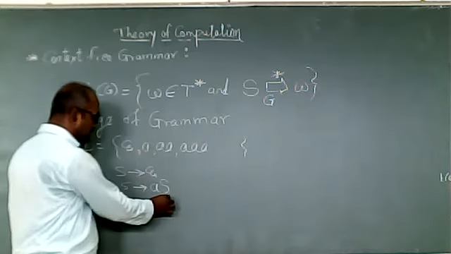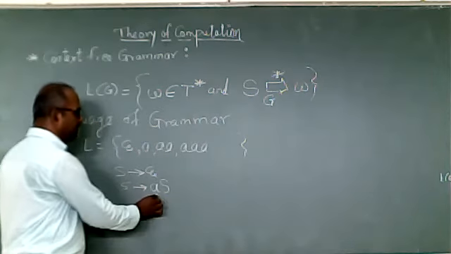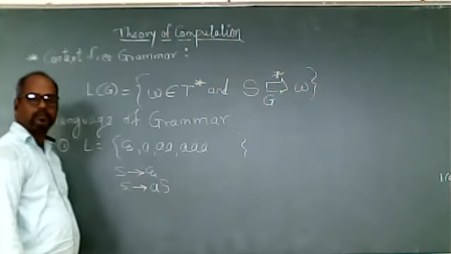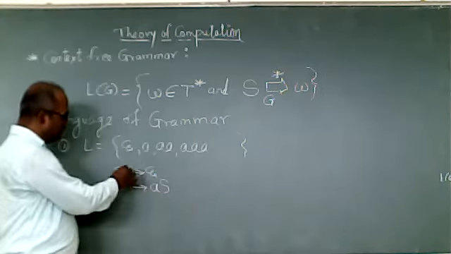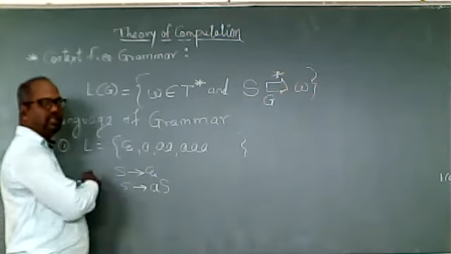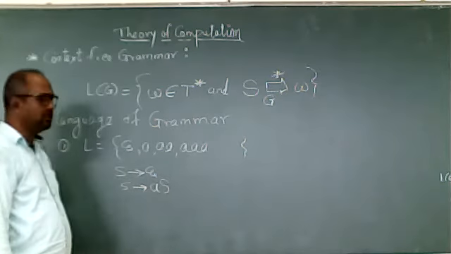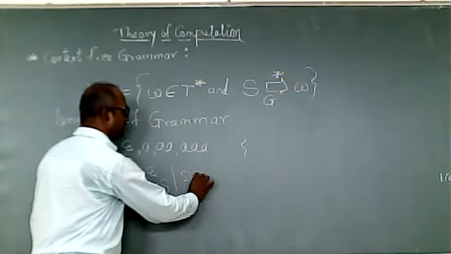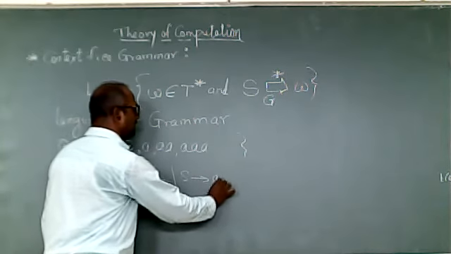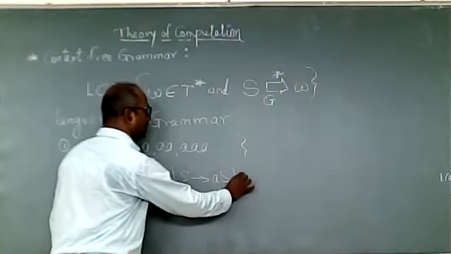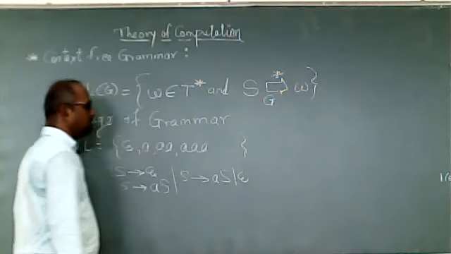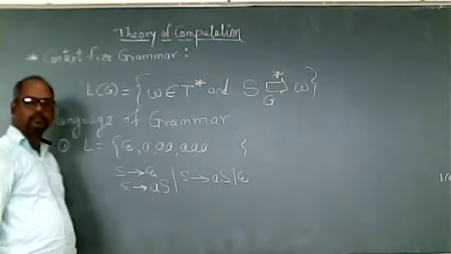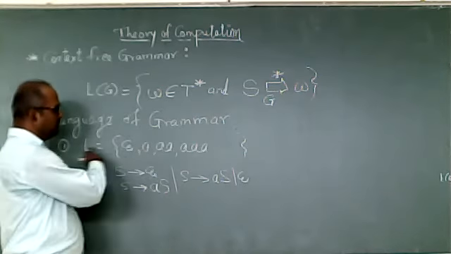This S I can again replace with AS. So these two productions give this language. I can write this on a single line, S produces AS or epsilon.